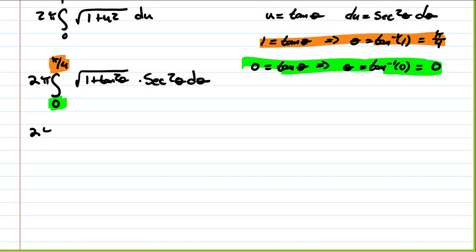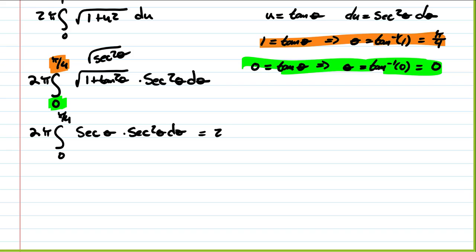So then this gives us 2 pi times the integral of pi over 4. 1 plus tangent squared is secant squared theta. So the square root of secant squared is secant theta times secant squared theta d theta, which is 2 pi times the integral of secant cubed theta d theta from 0 to pi over 4.